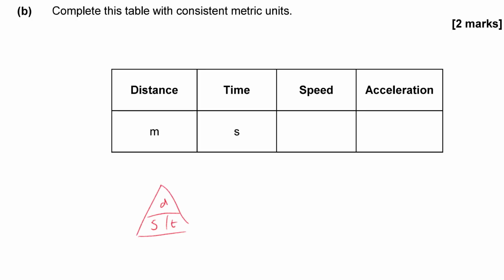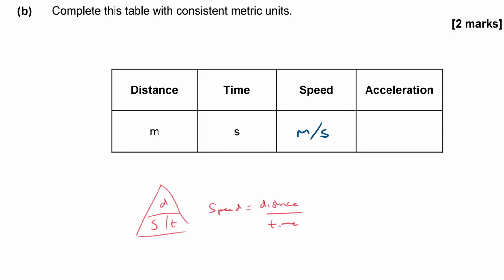So speed is equal to distance divided by time. So if my distance is in m and I divide it by s, then I'm going to get as my units m divided by s, or meters per second.